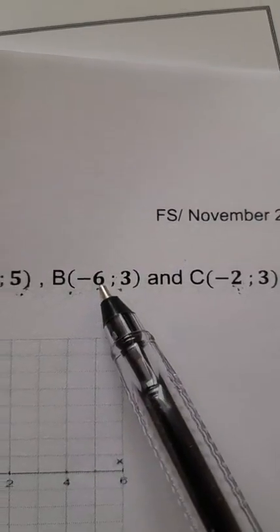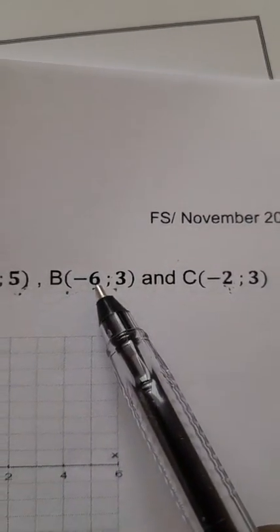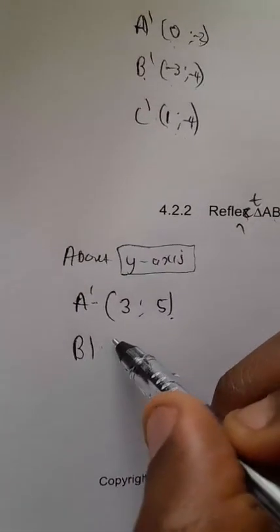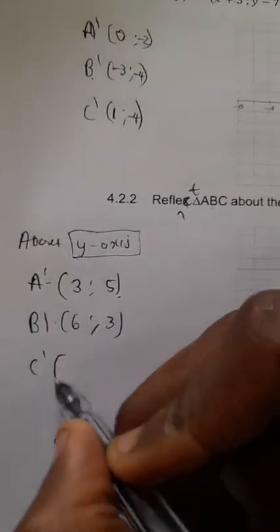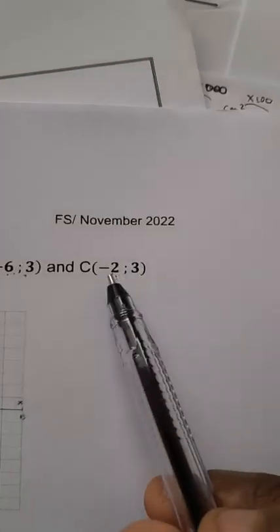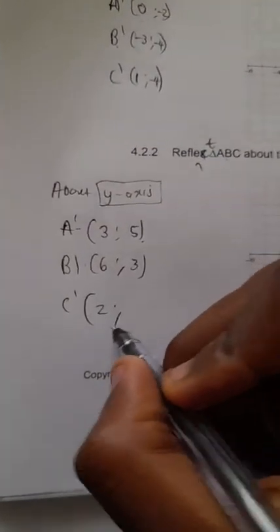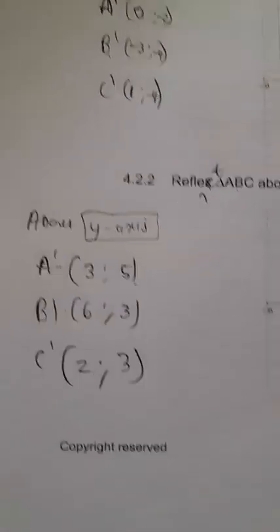Who changes? X. It was -6. Now we're going to write it as +6. What about y? Y stays the same. Let's look at the C image. -2 and 3. Who changes? -2 changes, its sign changes to 2. And then y stays the same.